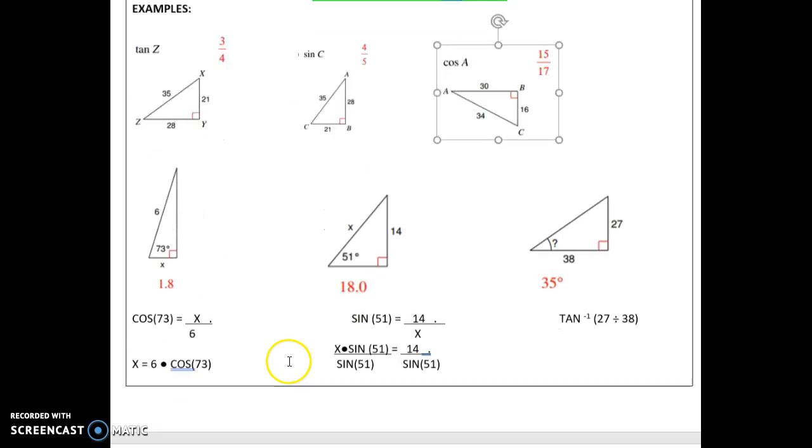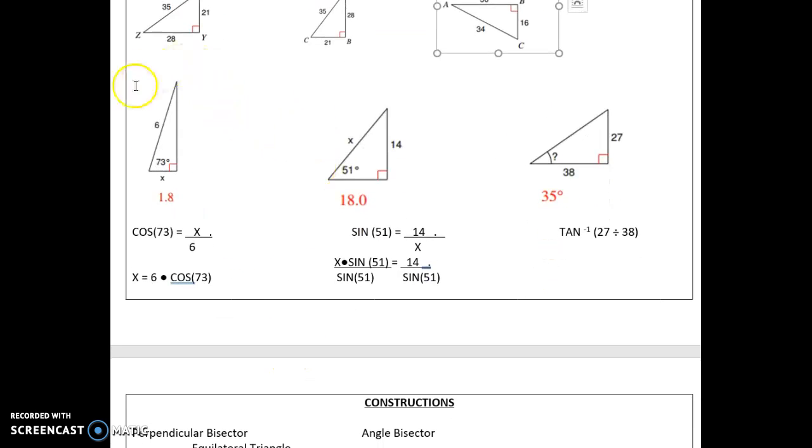Now, if we have examples where we're actually looking for a specific number, for example, right here, we're looking for this side. We have this angle, and if you're marking, then across would be the opposite. We have nothing about the opposite. We know the adjacent is x, and we know the hypotenuse is 6. Adjacent and hypotenuse is cosine.